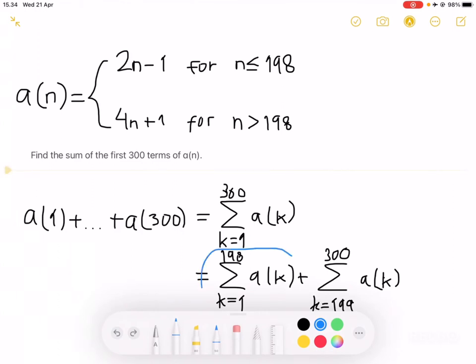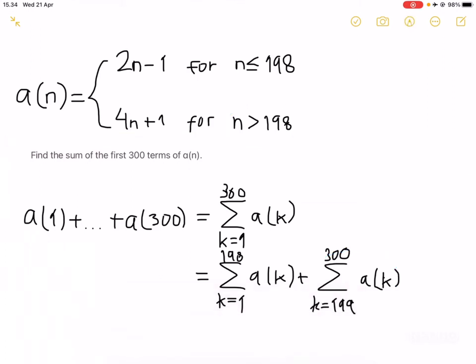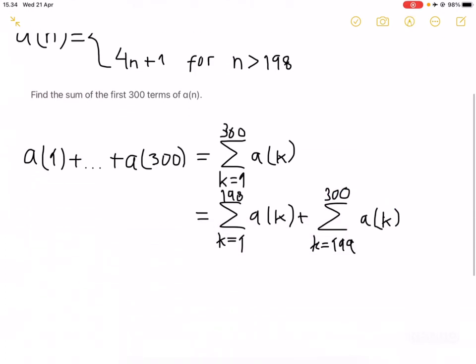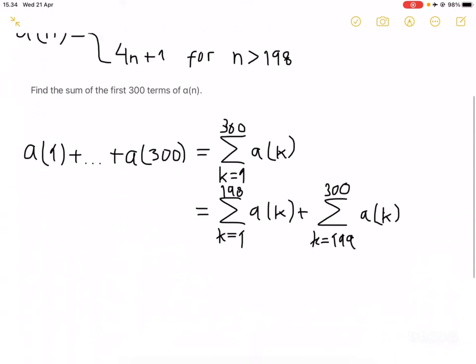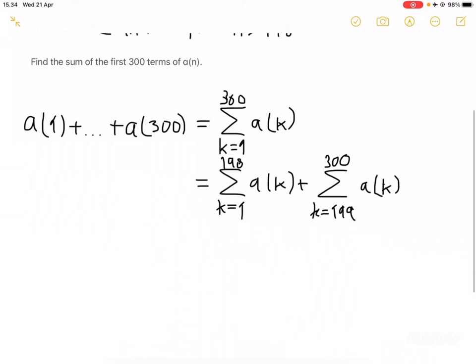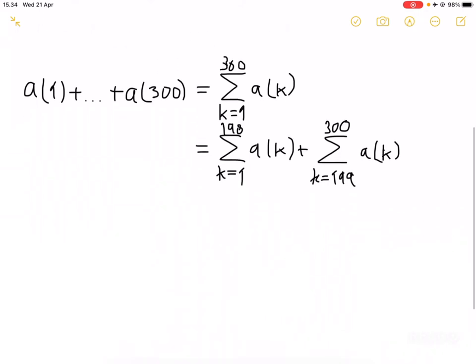So the first summation is especially for this first domain, while the second summation will correspond to this domain there. So it's just like correcting the domains, or making the summations equal to the domains, or something like that.